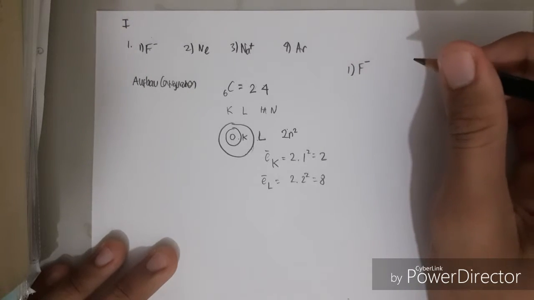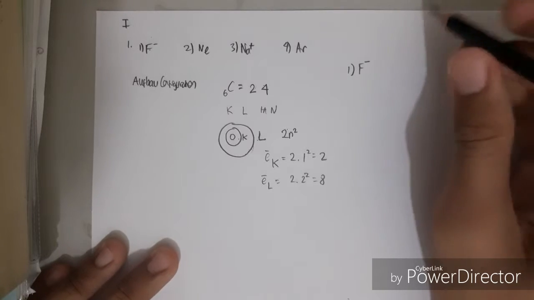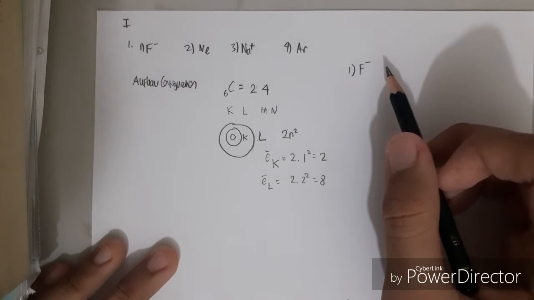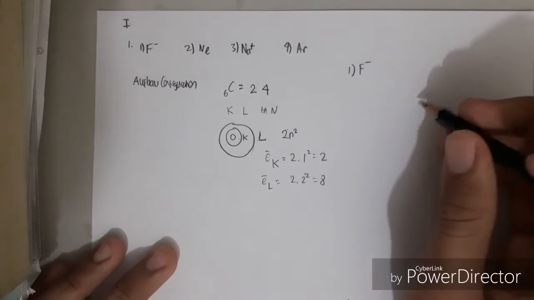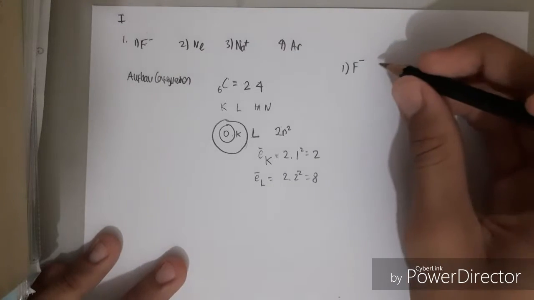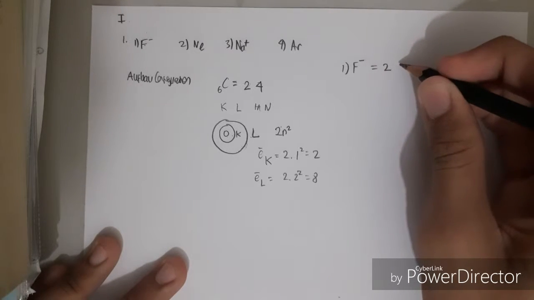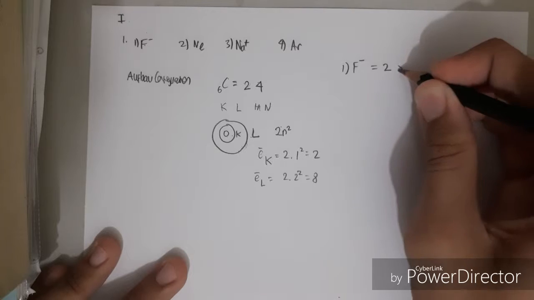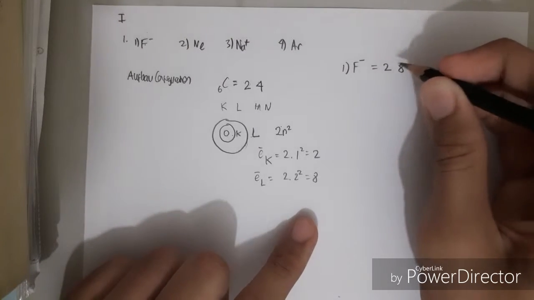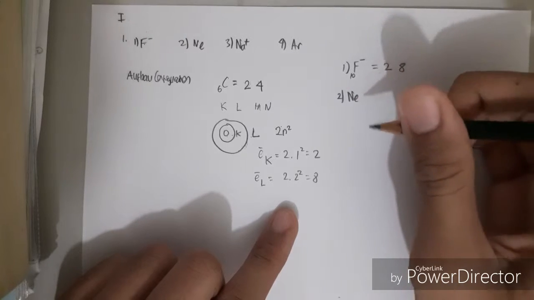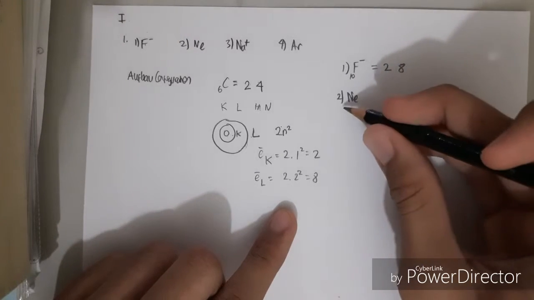Fluorine has 9 electrons, but because it is a negative ion, it gains 1 electron, so it will be 10. So it should be 2 in the first shell, the maximum, then 8 in the second shell. So that is 10. And for neon, it is 10 in the noble gas.